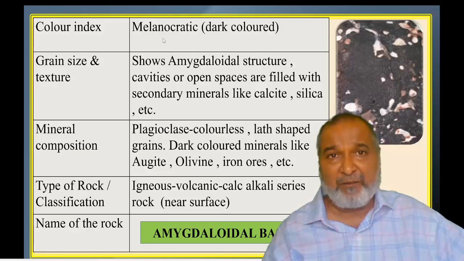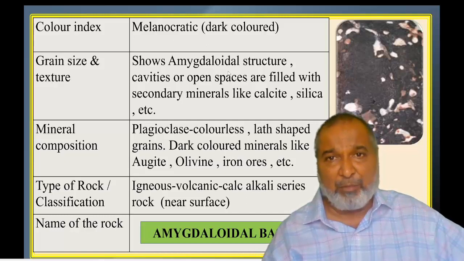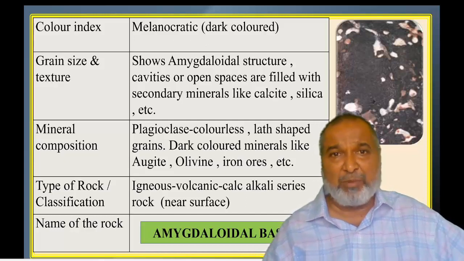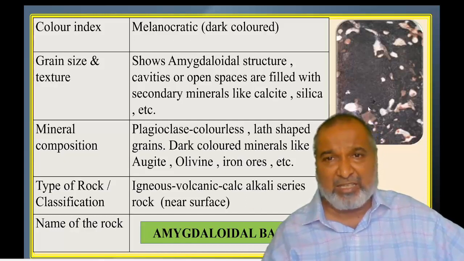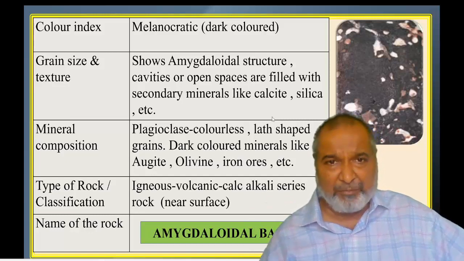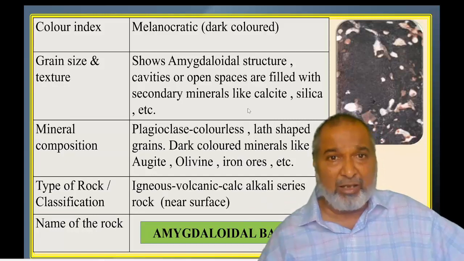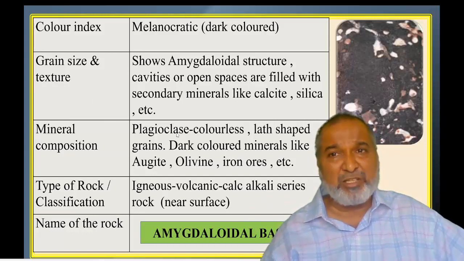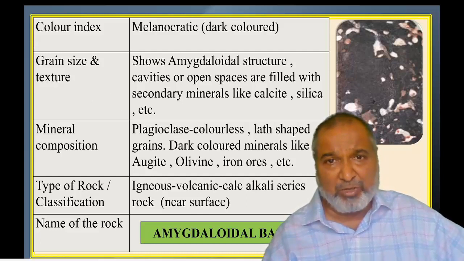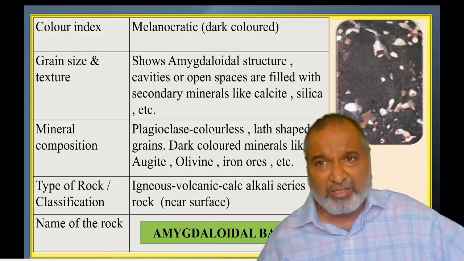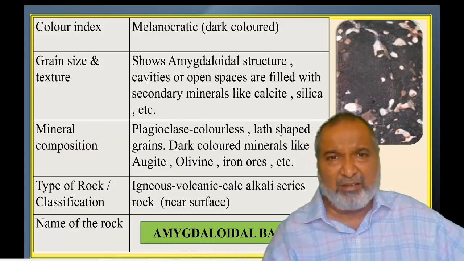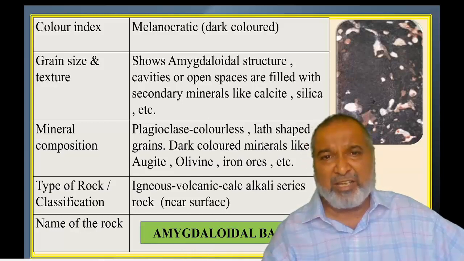Black color rock is there, so melanocratic. Amygdaloidal structure, cavities are filled by the secondary material, that is calcite or maybe silica, that is called amygdules. Then what is the composition? Again the same composition, plagioclase, because it is somewhat grayish or black color, so plagioclase is there.